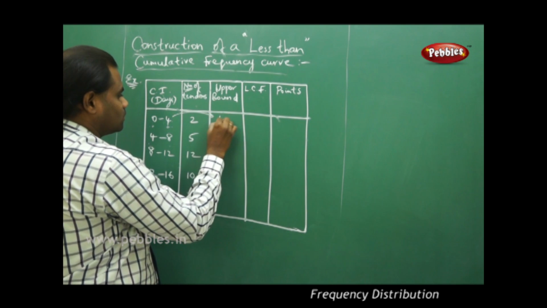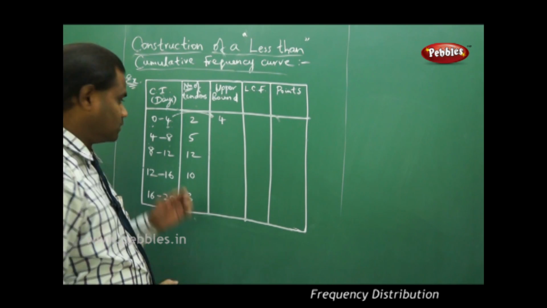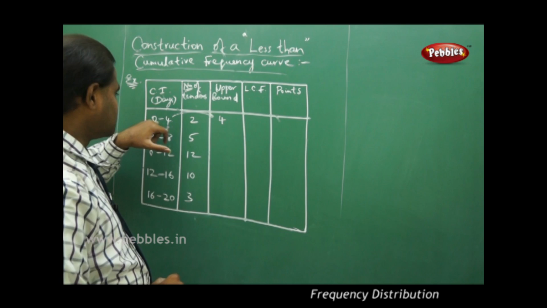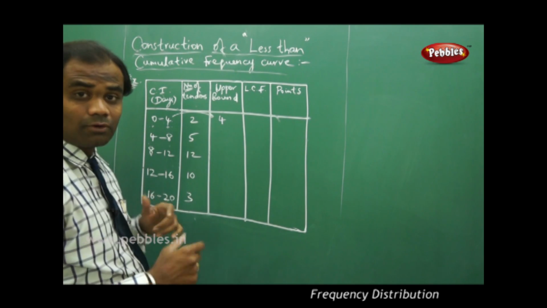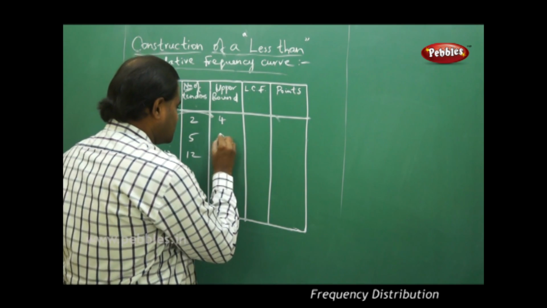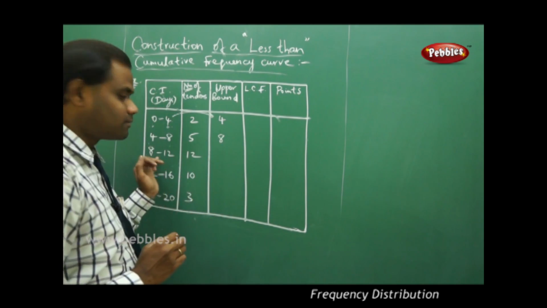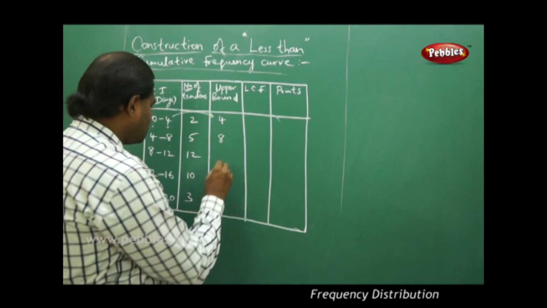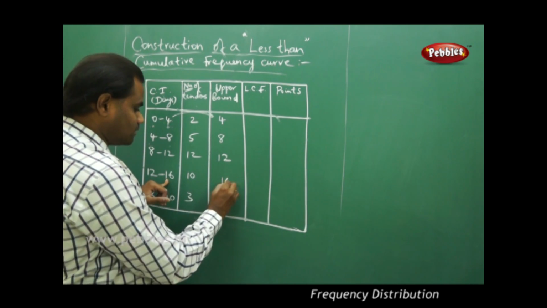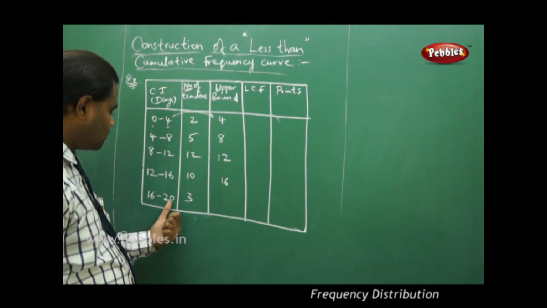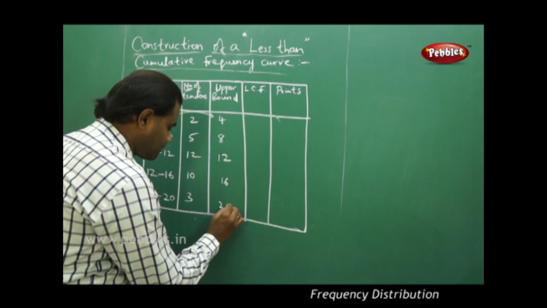which is nothing but 4. So for the first row ranging from 0 to 4, my upper bound is 4. For the next class interval ranging from 4 to 8, my upper bound is 8. For the next class interval ranging from 8 to 12, my upper bound is 12. In this case, my upper bound is 16. And finally, the upper bound here is 20.